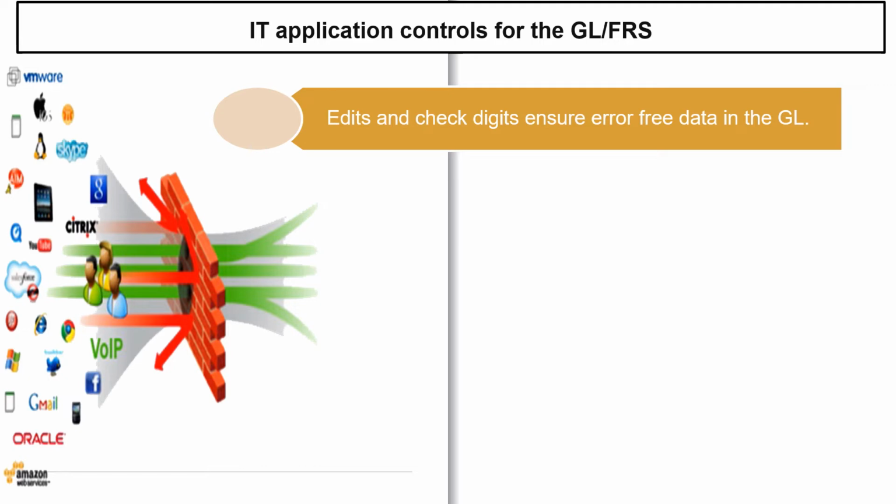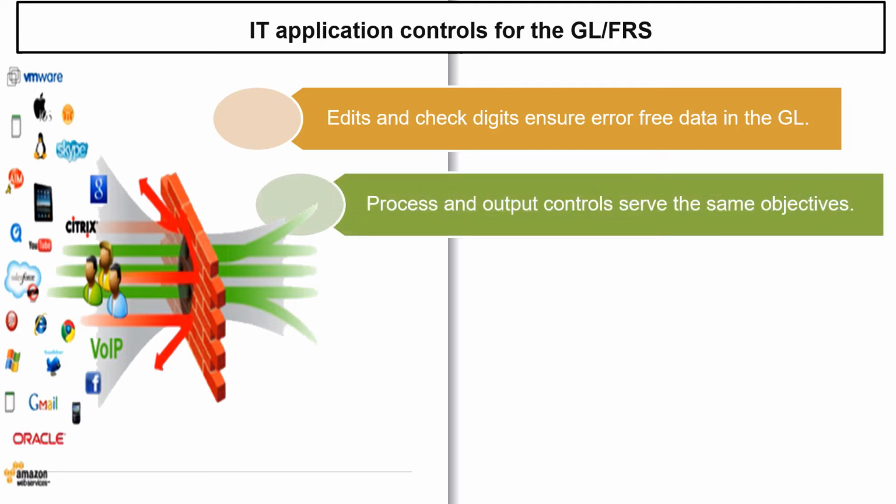It is just to ensure the accuracy and the authorization of updating the general ledger. And also the processing and output controls serve the same objective of ensuring error-free data processed in the general ledger.